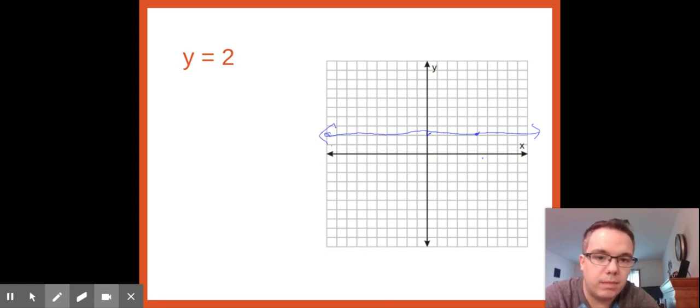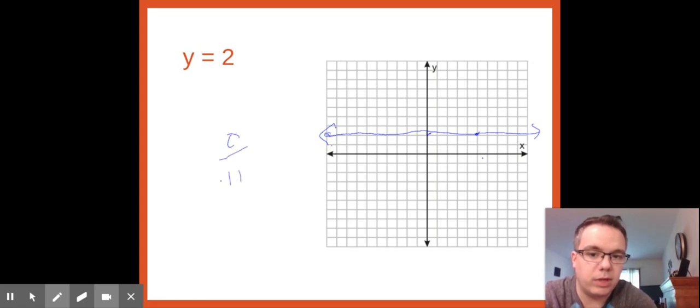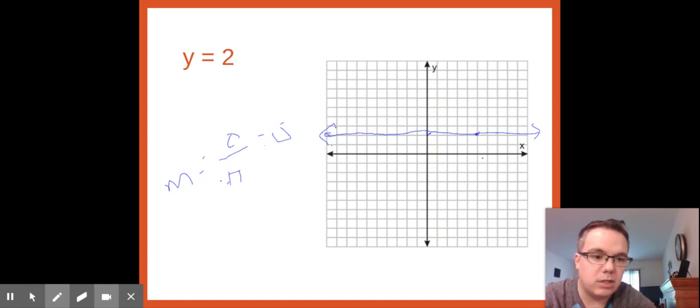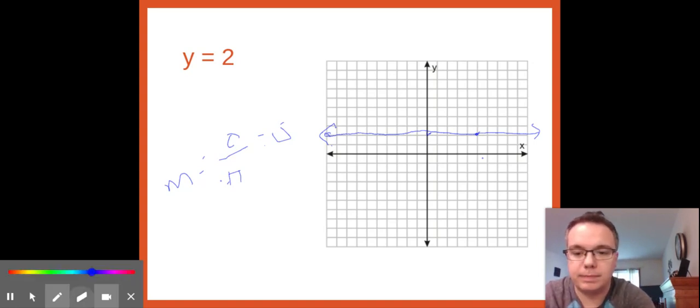So y equals 2 is still a line. It just has no slope. If I were to find the slope here, I would get 0 over a number, which is 0. So our slope here is 0, and it's a horizontal line because all my y's are 2. So, y equals a number, horizontal line.